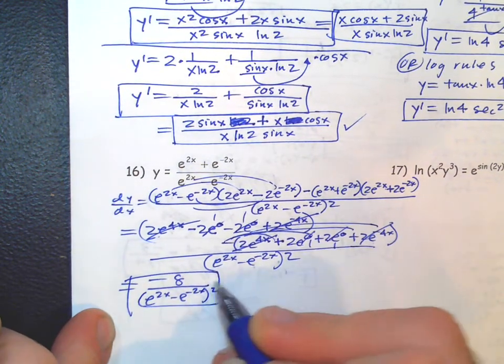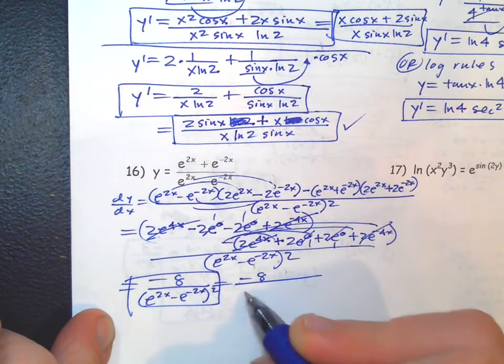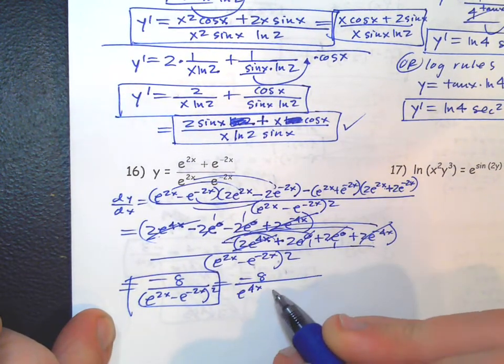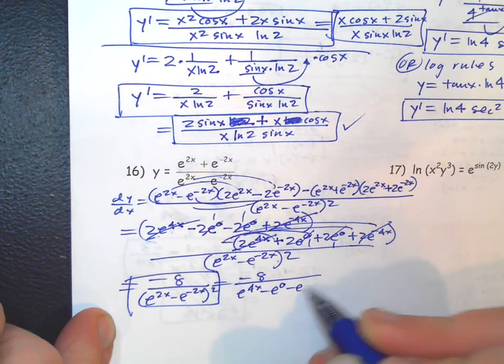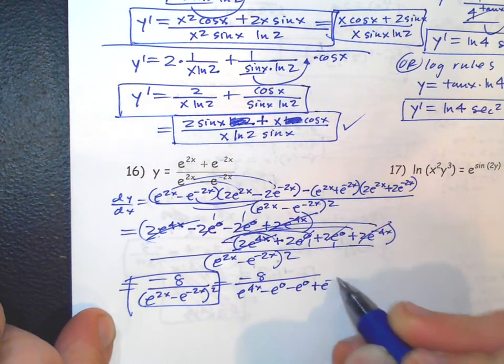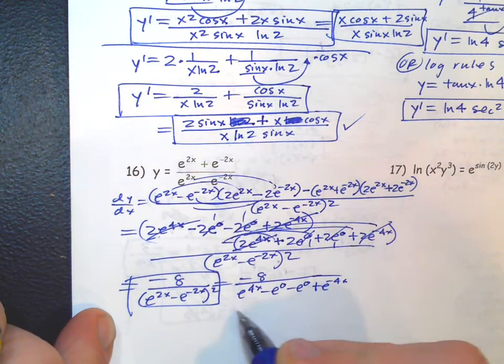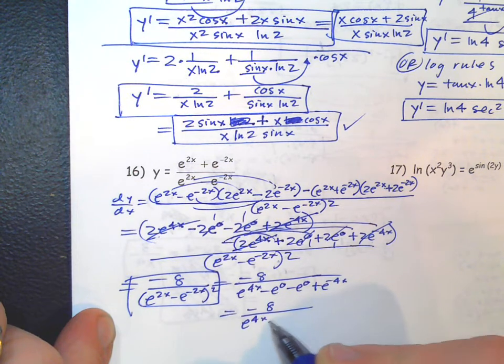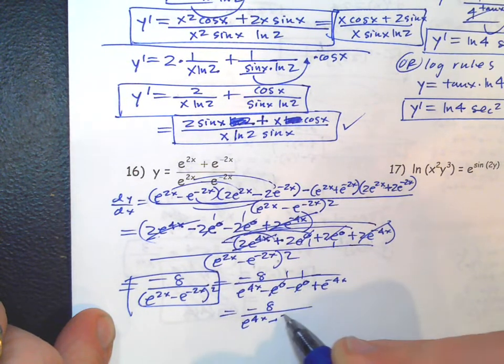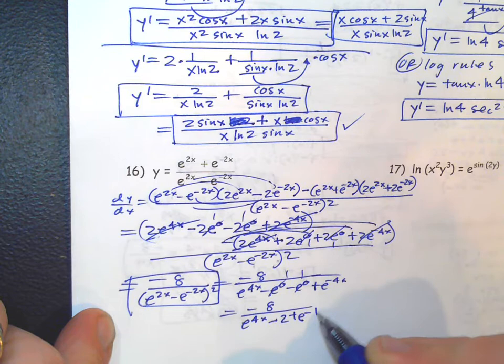We could simplify the denominator. It'd be e to the 4x minus e to the 0 minus e to the 0 plus e to the negative 4x. These are going to be 1s. But we don't really like negative exponents.